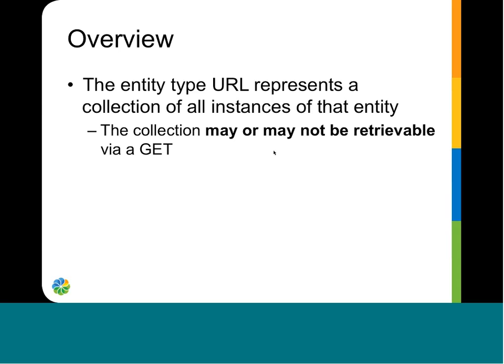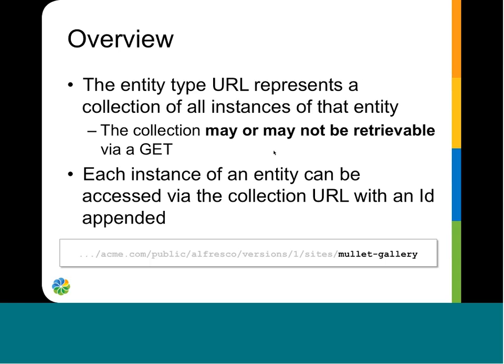The collection itself may or may not be retrievable. There are some collections that do not want client applications to directly request, either for security reasons or because the set is so large that it's expensive to generate. So there may or may not be a way to retrieve an entire collection.